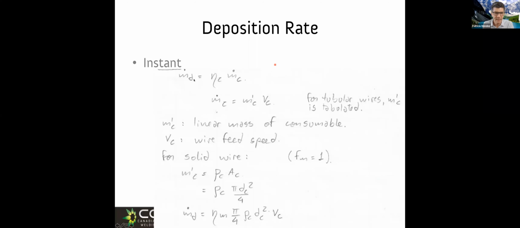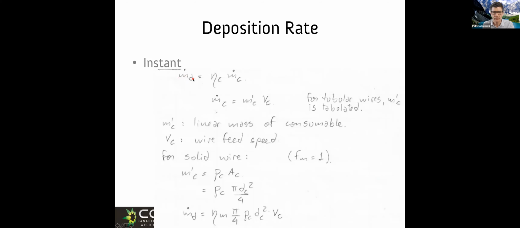So an instant mass balance says, this notation is very similar to the notation we use in the heat transfer class. This dot means per unit time, and M is mass. It says how much mass, how many kilograms per second or pounds an hour.